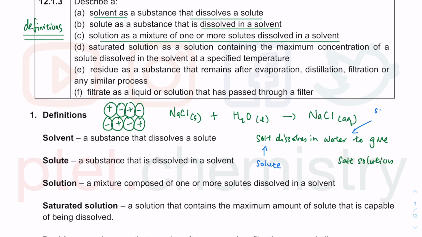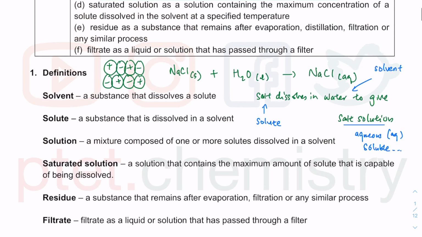The water is the solvent. And what you get is a salt solution. When something is dissolved in water, we just call it aqueous state. Aqueous, or aq in brackets, refers to something which is soluble. So that means it is dissolved in water and therefore giving a salt solution, NaCl aqueous.